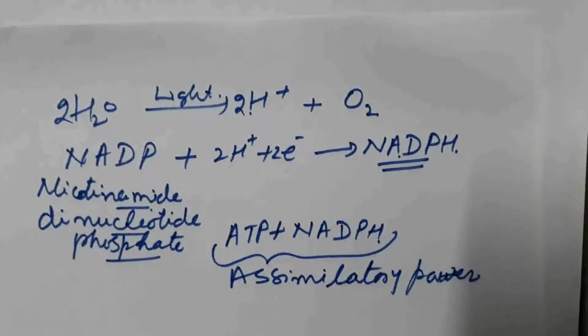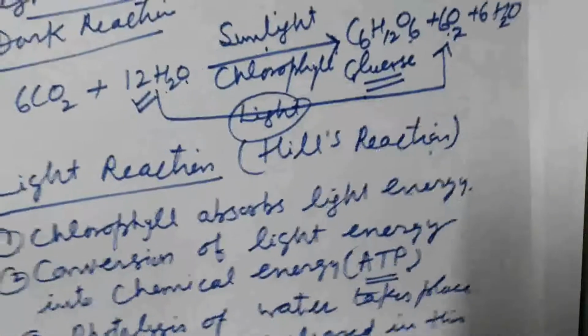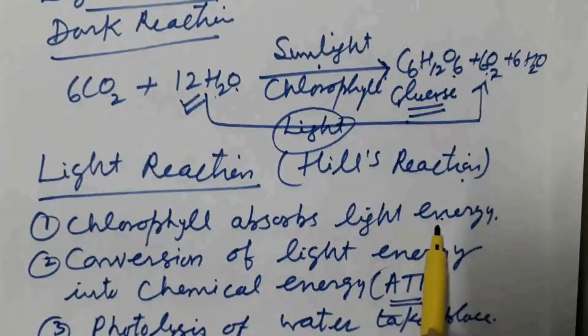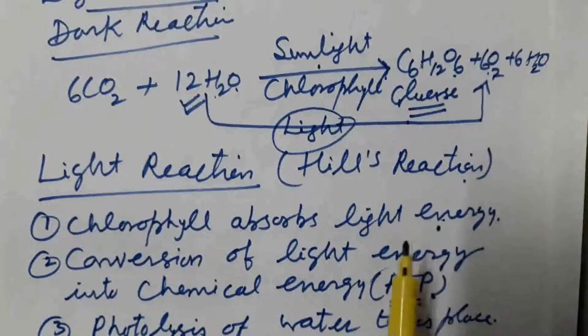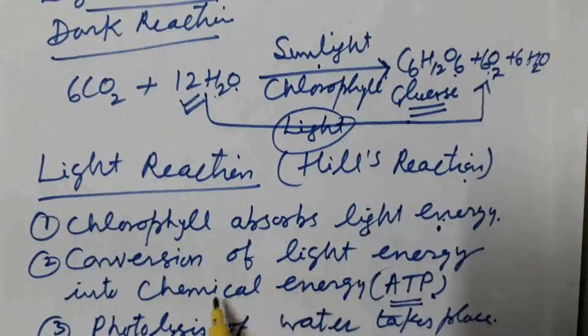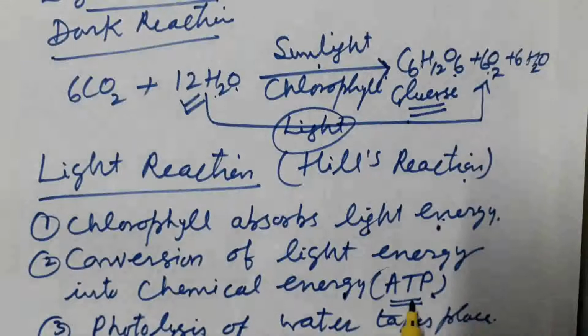What happens in case of light reaction? Chlorophyll absorbs light energy, becomes excited, and conversion of this light energy into chemical energy takes place. This energy is stored in the form of ATP for further use in the dark reaction.